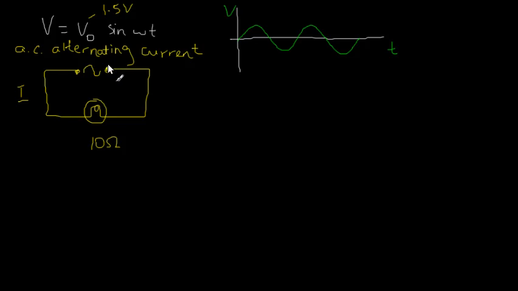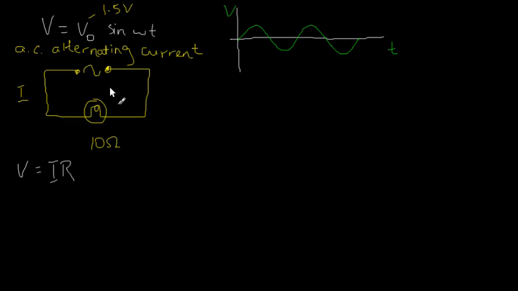Okay. Now we know how to use Ohm's law in a simple circuit with a simple battery. Now, Ohm's law is V equals IR. So if this is just a battery of 1.5 volts, we know how to use Ohm's law to find the current.